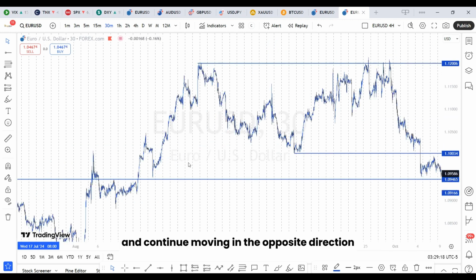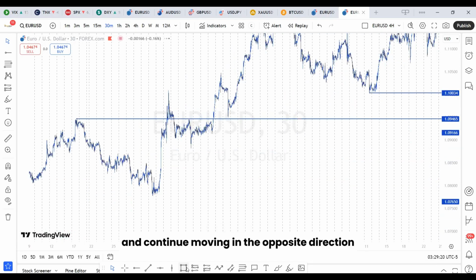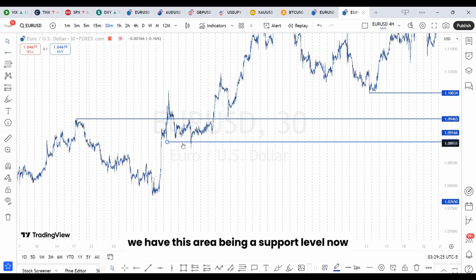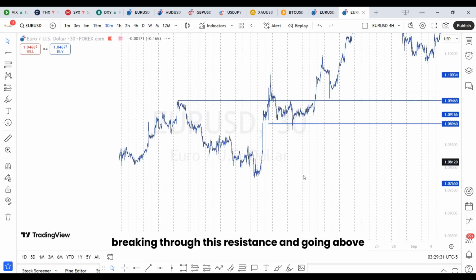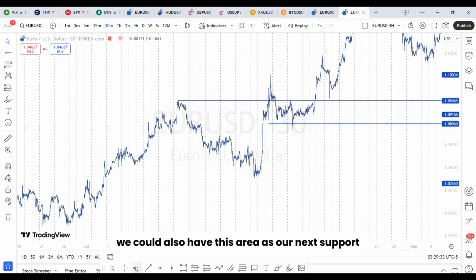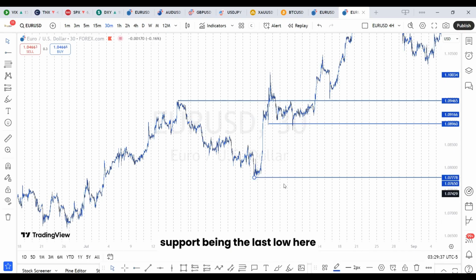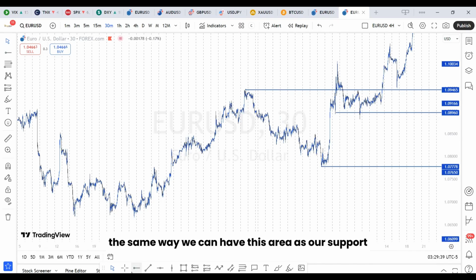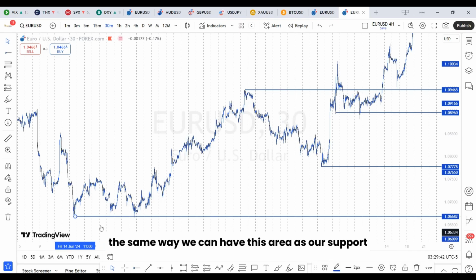The same way we have this area being a support level now. The market comes through to the support before breaking through this resistance and going above. Same way we could also have this area as our next support, being the last low here, and this area as our support.